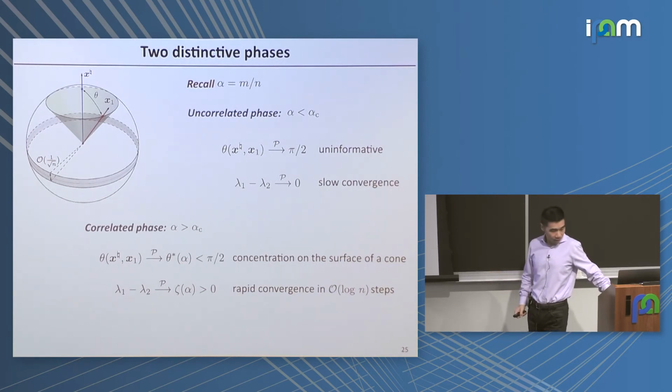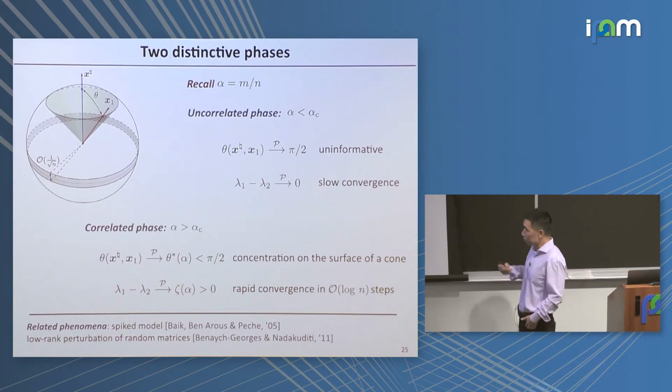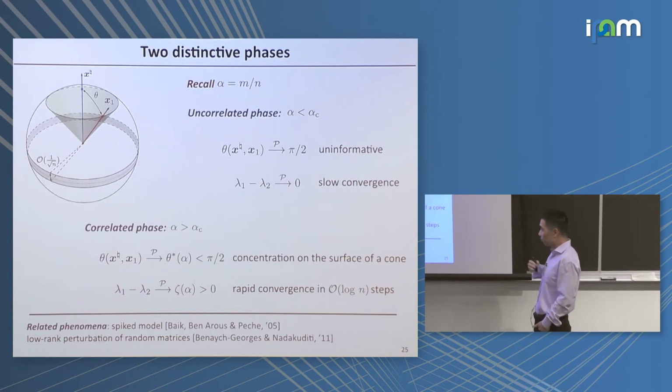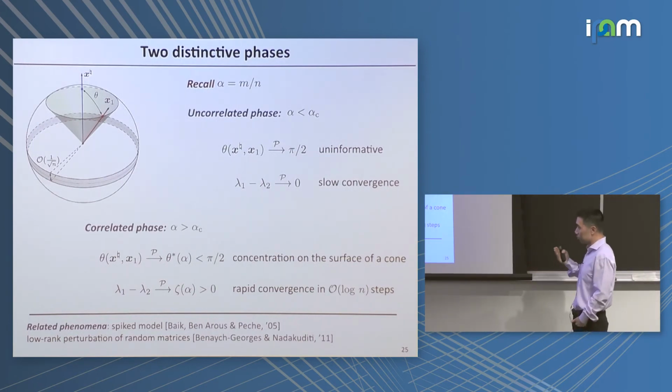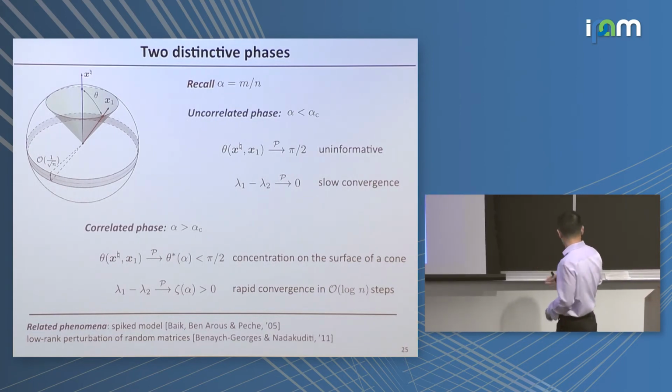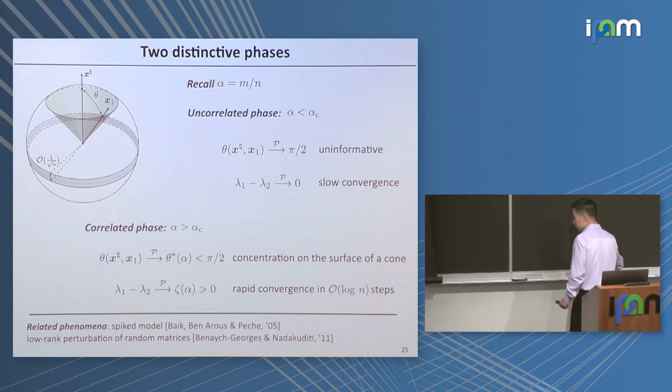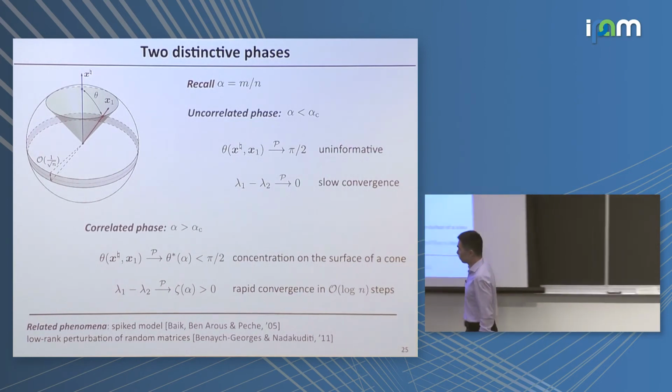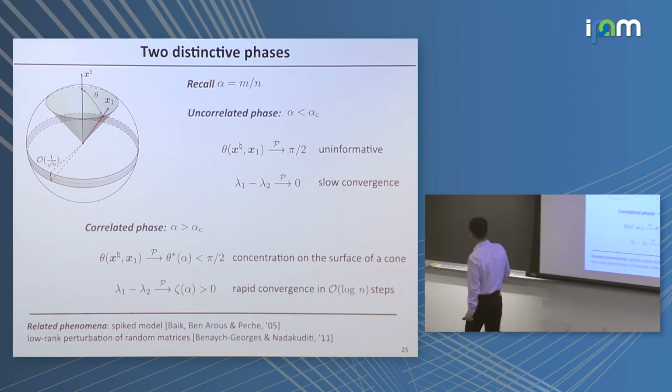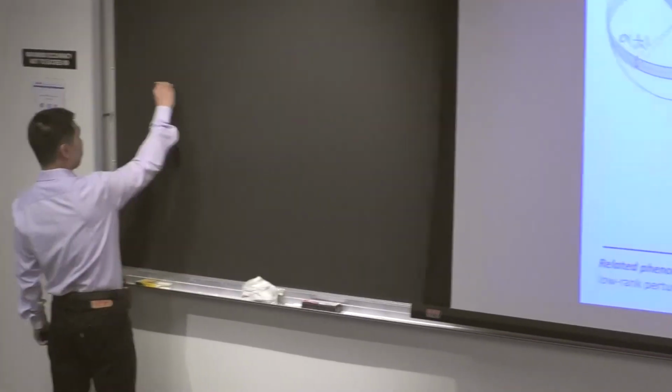This might look very similar to the spike model or BBP type of phase transition, but there's a little bit of a difference. This model is slightly different from the classical spike covariance model.